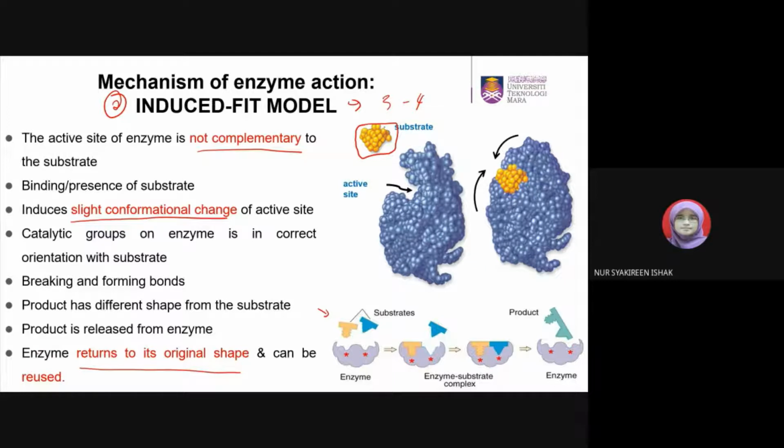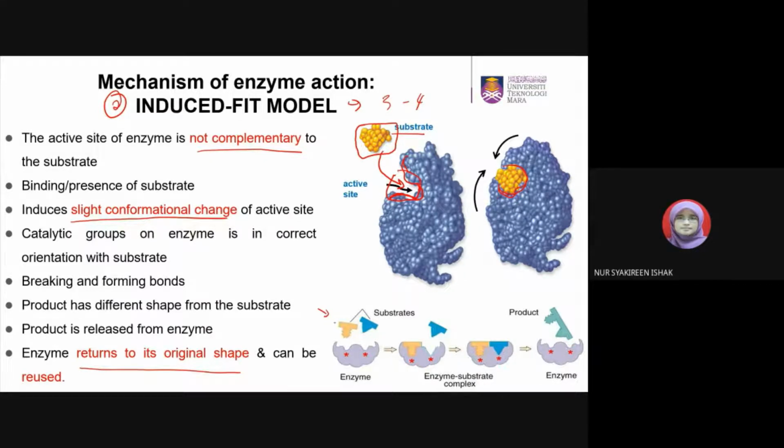The shape of the substrate does not precisely complement the shape of the active site. But as the substrate enters the active site, it induces a slight change in the shape of the active site, so that the active site fits the shape of the substrate.